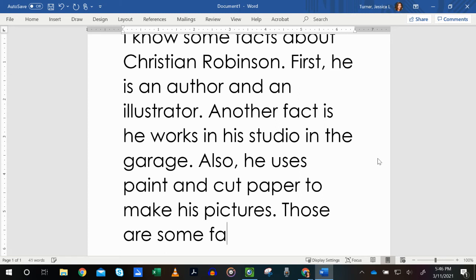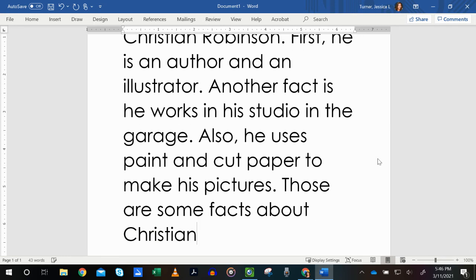Some facts about Christian Robinson. And how do we finally end it? Always a period, every sentence. Let's go back and make sure we wrote that correctly.